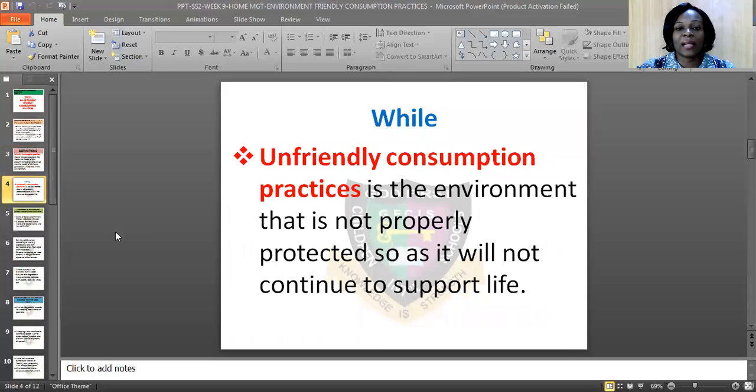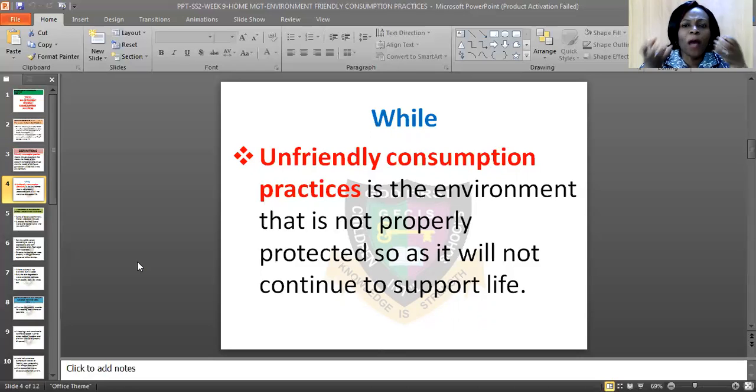Now, let us look at the unfriendly consumption practices. Unfriendly consumption practices is when the environment is not properly protected so that it will not continue to support life. A situation whereby you finish with this bottled water and you trash it recklessly in a way that you cannot lay hand on it and recycle it for another thing. It can be used for plastic bowls.